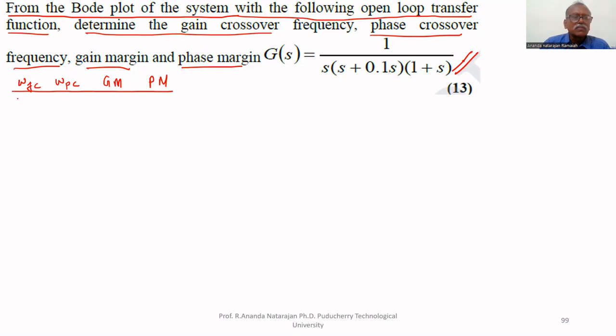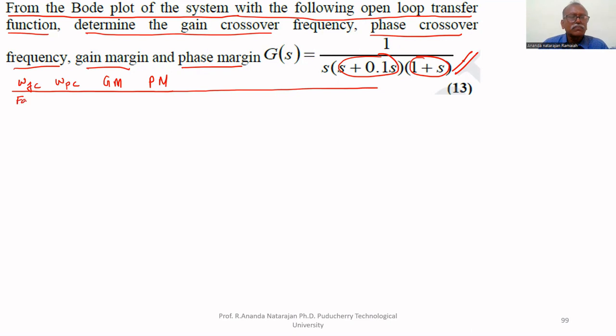For that, let us first check whether the system is in time constant form. This is in time constant form. This is also in time constant form. Yes, the transfer function is in time constant form. Therefore, we can take it as such.